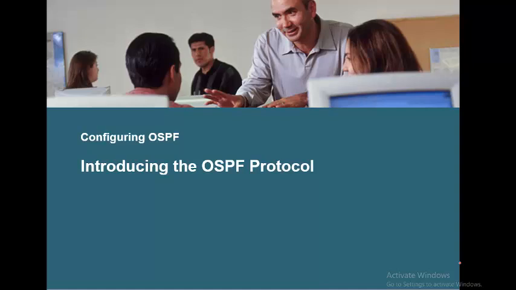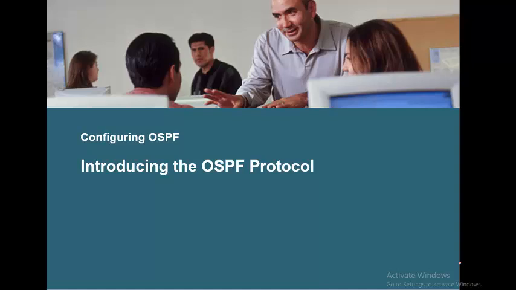Now, Open Shortest Path First uses an algorithm called SPF. That is the SPF that you see there, the second, third, and fourth characters in OSPF. O stands for open, which means this is an industry standard protocol, open, ready to use by anyone.